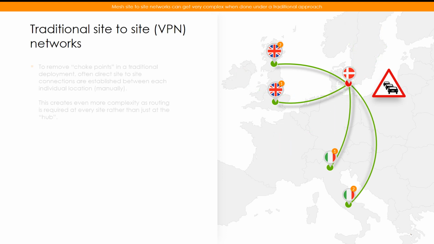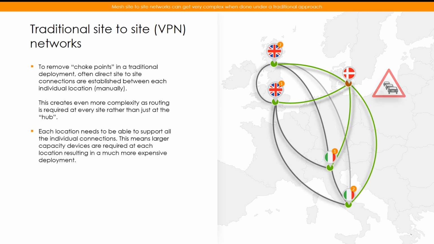To combat this in traditional deployments, many people decide to create IPsec tunnels between every individual site. I know that certainly I've done this in the past when I've had to compensate for problems like this. To remove this choke point, I essentially build a VPN between every site, meaning that I have to then build routing rules to allow each site to communicate with each other individually.